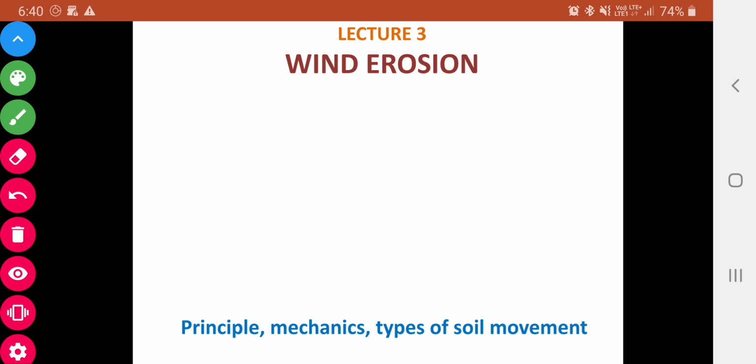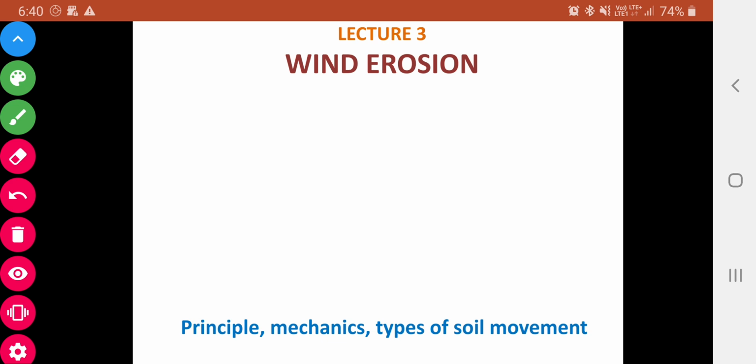When the erosion-causing agent is wind, it means the erosion is taking place by the influence of blowing wind, meaning the detachment and transportation of soil particles is carried out by the action of blowing wind. That time the soil erosion is termed as wind erosion.